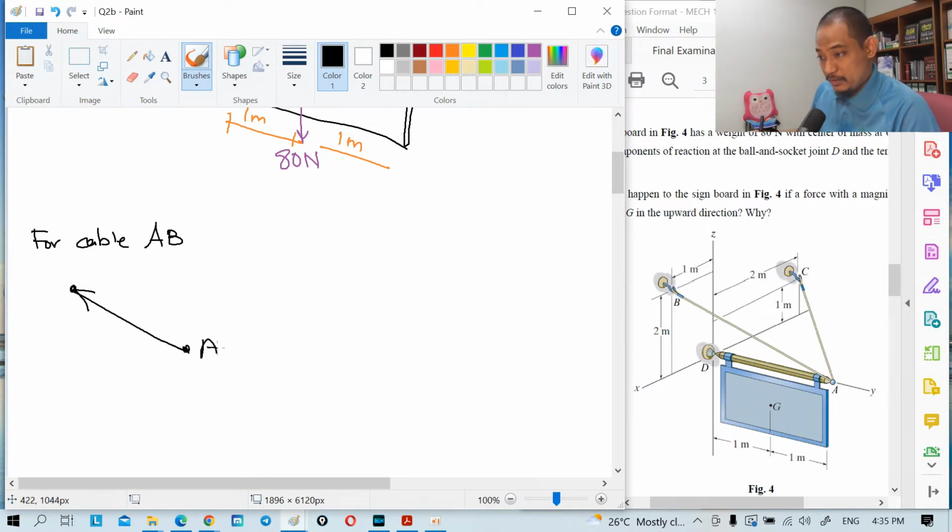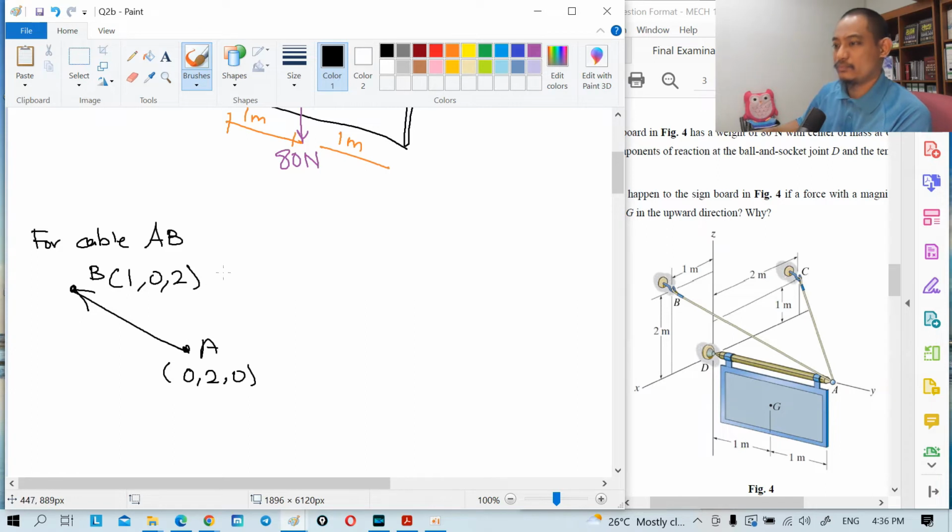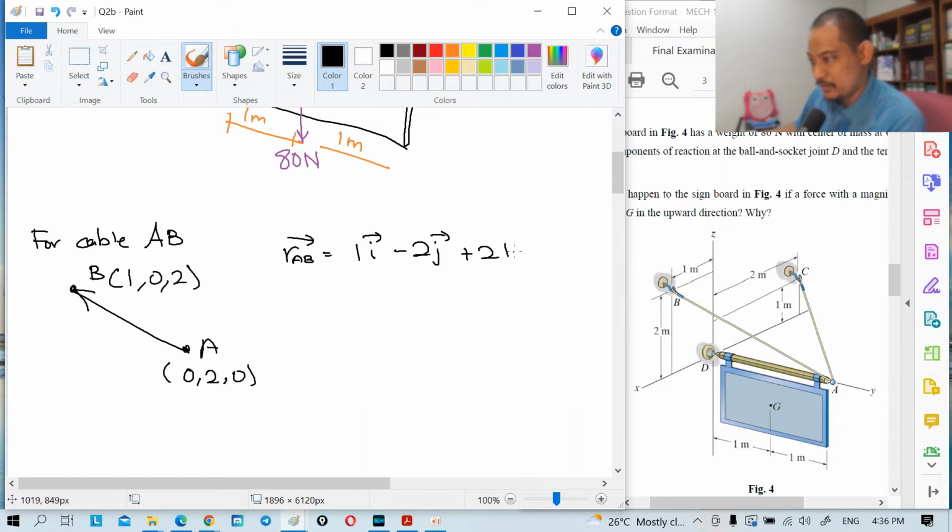Coordinate of A is 0, 2, 0. And then point B is 1, 0, 2. So based on this, R AB is B minus A, which is 1i minus 2j plus 2k.